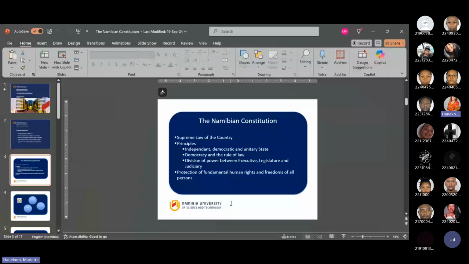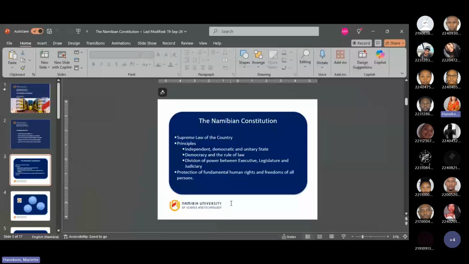The one is not more important than the other one. So if there's a court order, the executive has to obey this. Similarly, Parliament has to obey a court order. The president cannot tell the courts what to do, what decisions to make. Courts are independent.